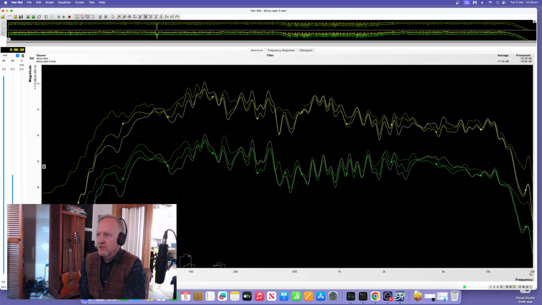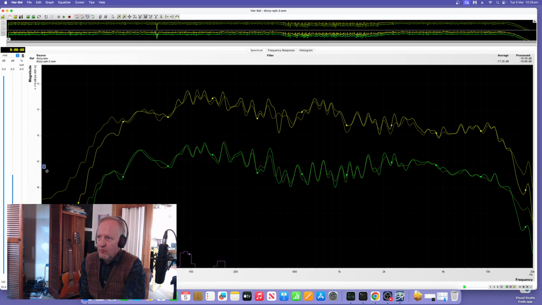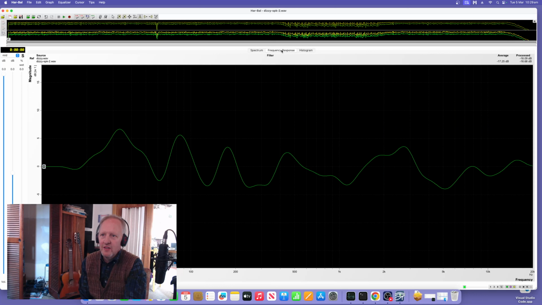again, do it twice. I'll just illustrate that they now pretty much lie one on top of the other. And the frequency response required to do that is that, basically.